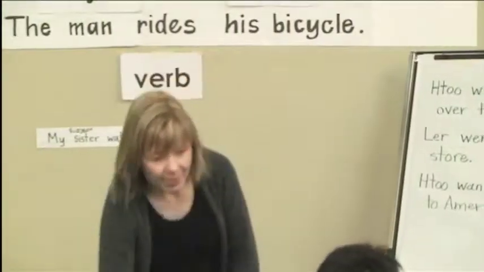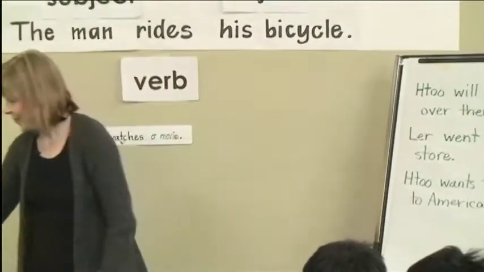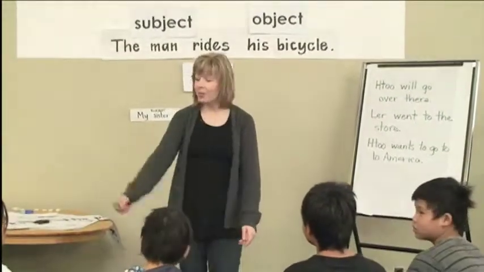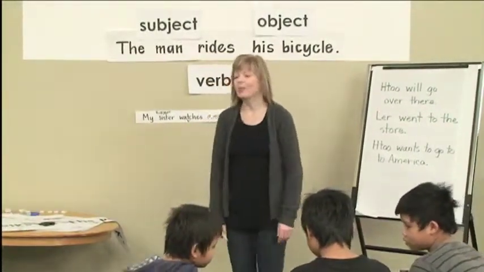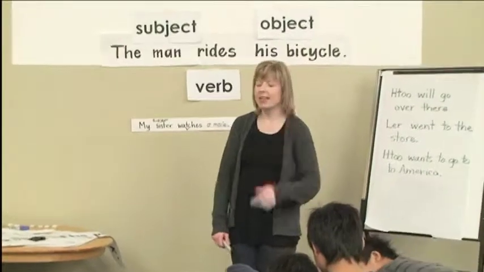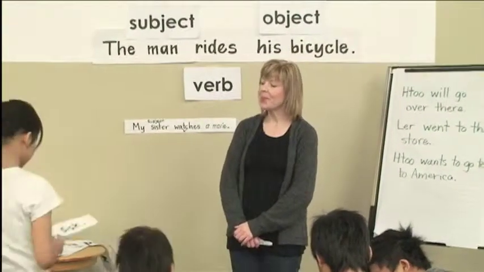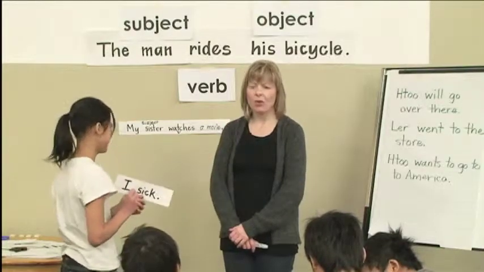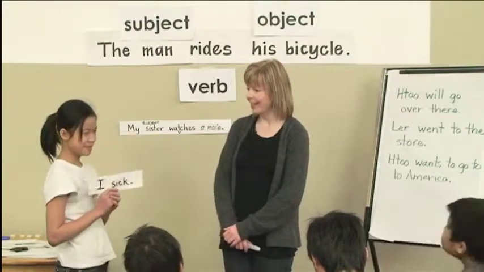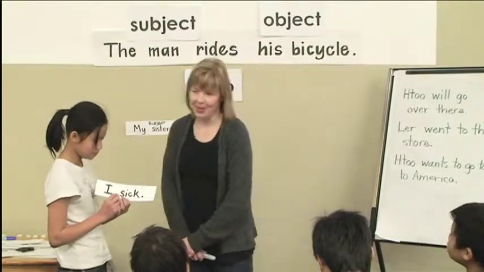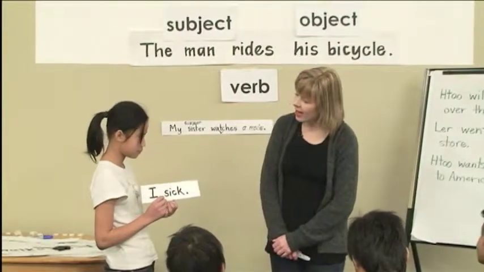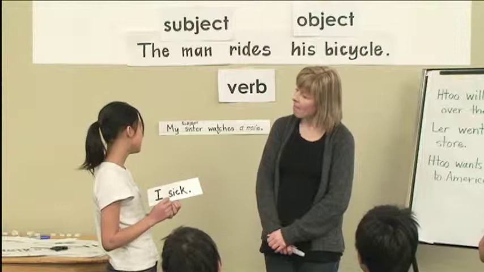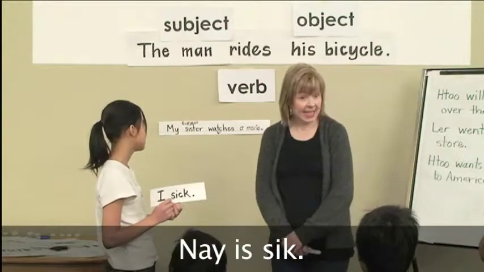Okay, we have one more person. Sar's turn. Oh, I'm sorry, Nay. You too. Nay, what does your paper say? I'm sick. Oh, that doesn't sound very good. She doesn't look sick. She looks very happy. So what do you think we need to add? Nay is sick.